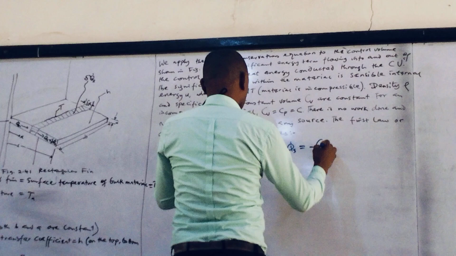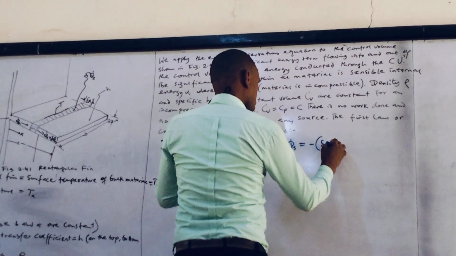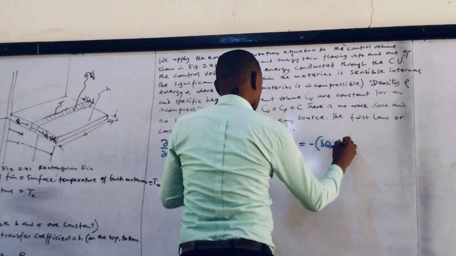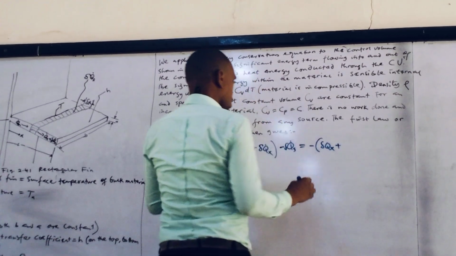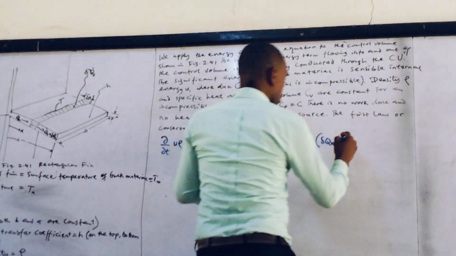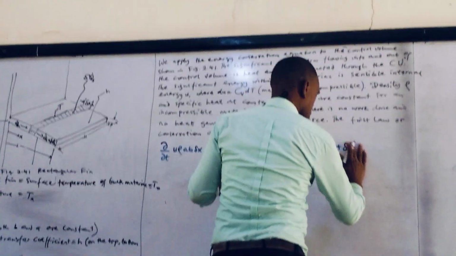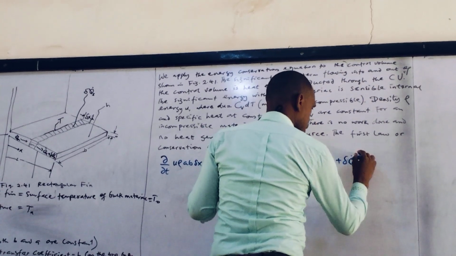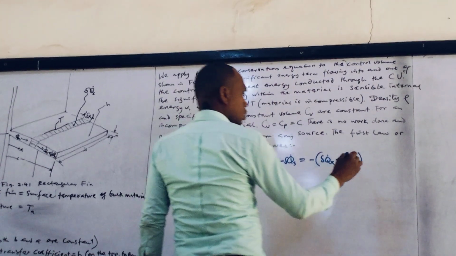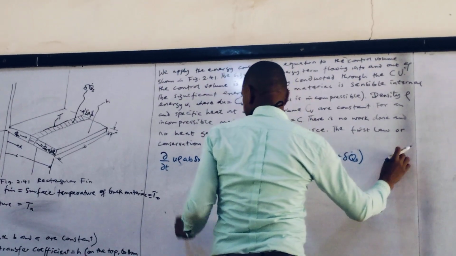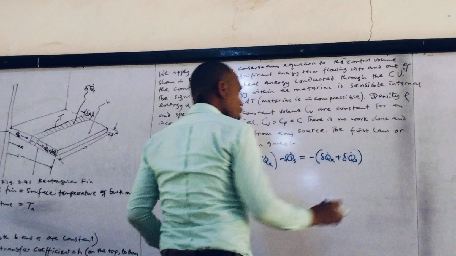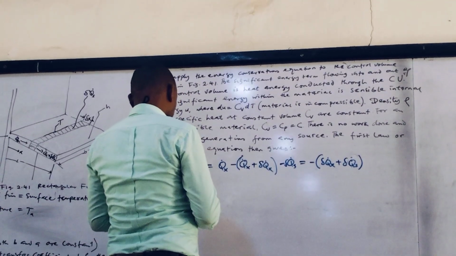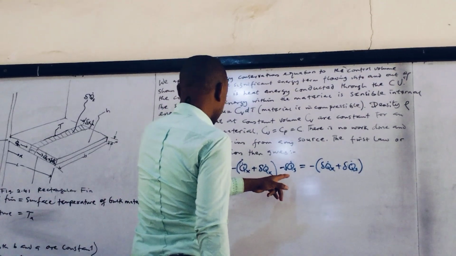Minus Qs, which is equal to minus Qx plus, I think this should be decimal square of the equation. Okay.